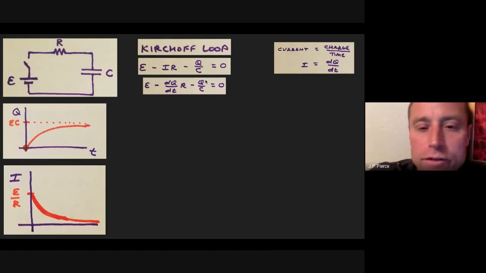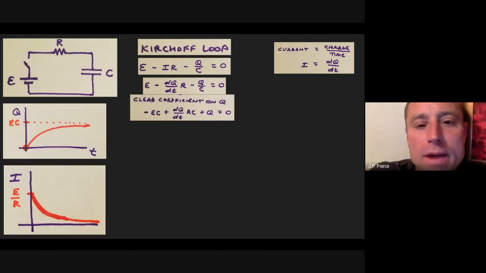Since we're solving for Q, what I like to do is clear the coefficient on the thing I'm trying to find. What I mean is to get rid of this minus 1 over C that's multiplying it. So what I'm going to do is multiply every term in this whole thing by minus C. And that will get rid of this coefficient on the Q.